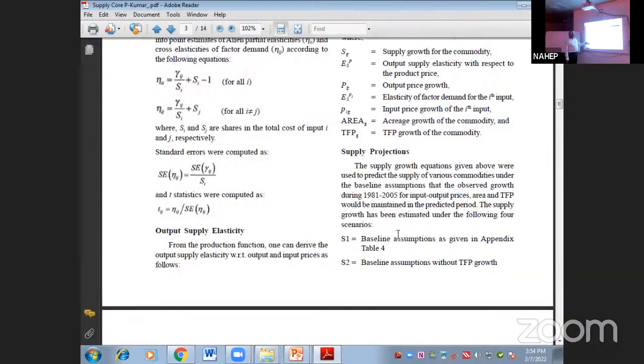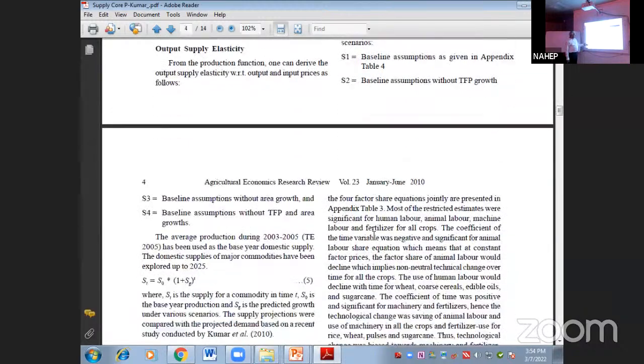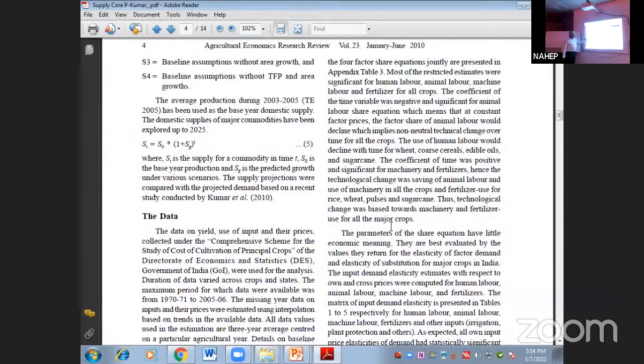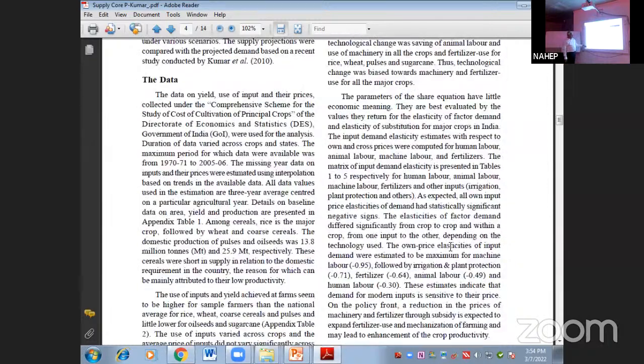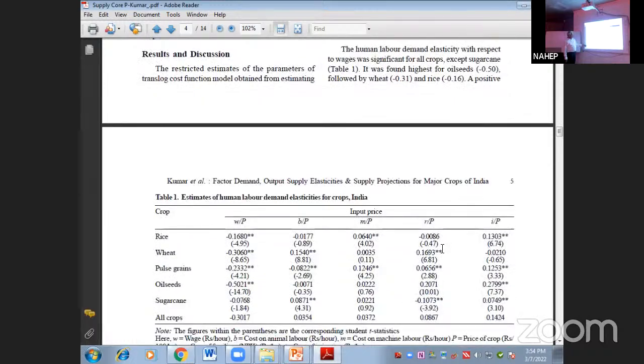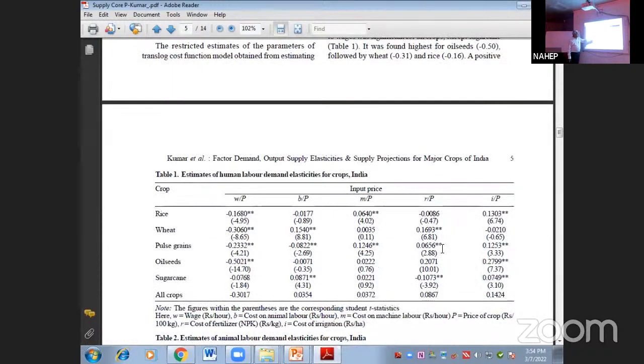Here are the results. This is the supply projections. Then it explains what kind of data to be used and so on. So this is all your estimated human labor demand elasticity. These are the elasticities for different crops.